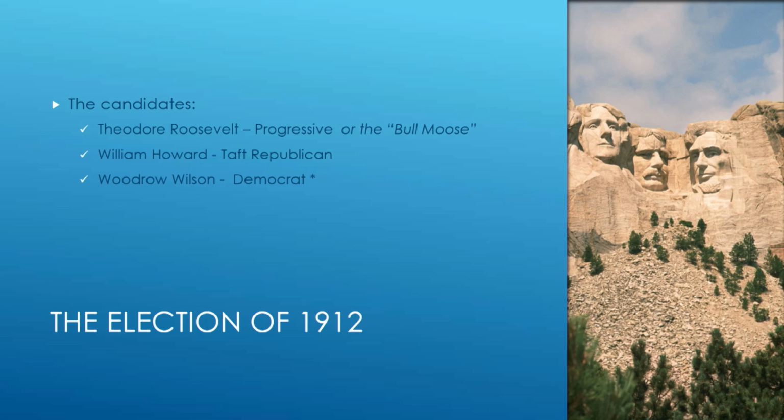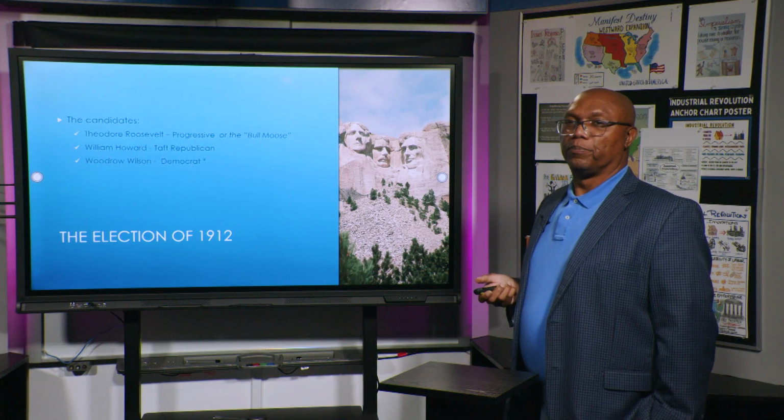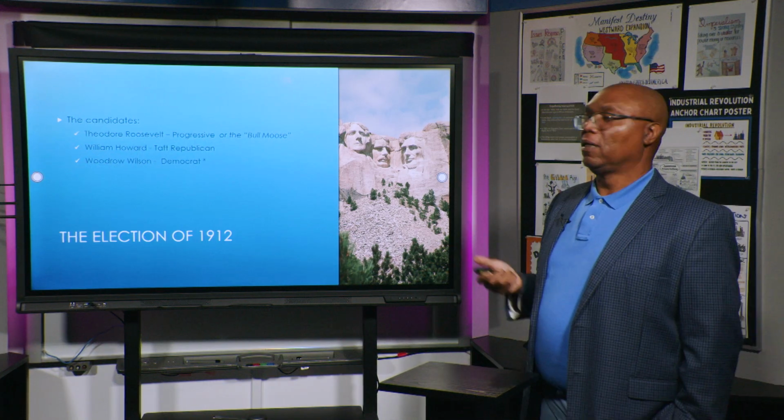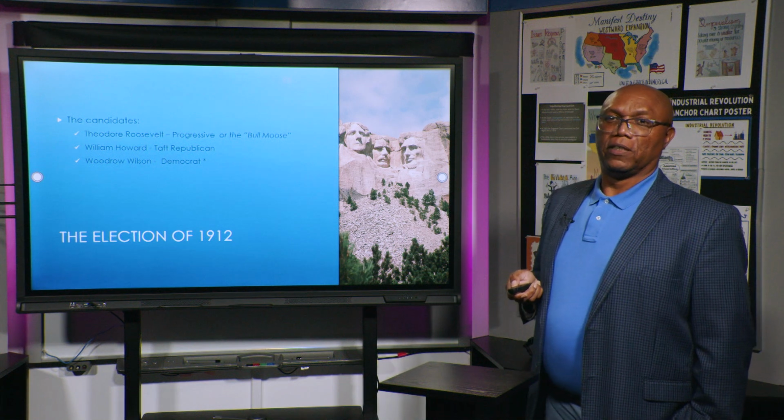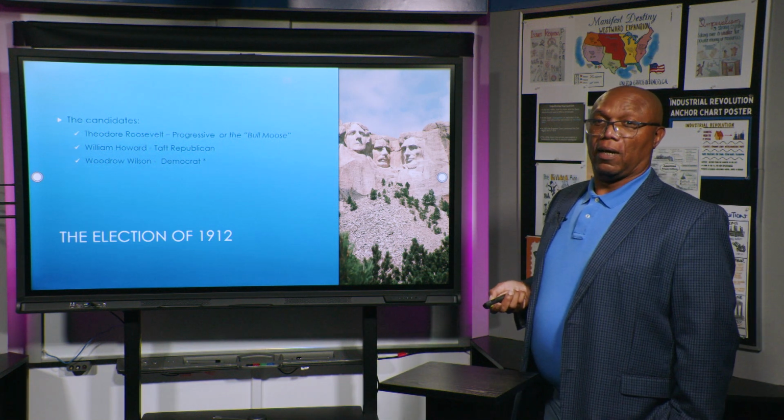In the election of 1912, Theodore Roosevelt is running. He runs on something called the Bull Moose platform. He doesn't get the Republican nomination. He gets the progressive nomination, and he adopts the moniker of the Bull Moose because when he was giving a speech, he was shot.